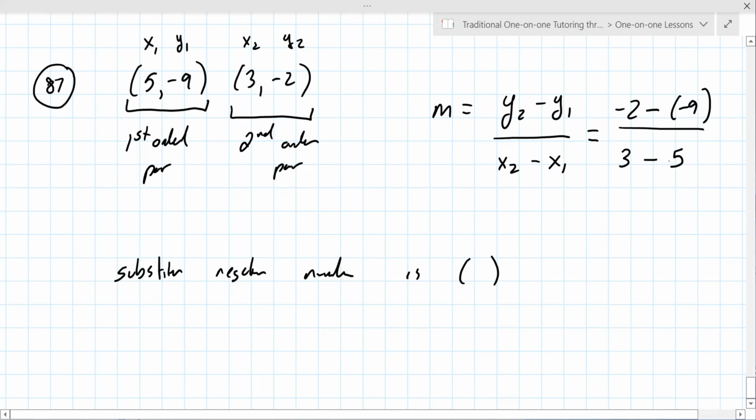Could you go ahead and simplify this for us? -11 over -2. Try again. Or 11 over -2. So I'm laughing because you've done that a few times today. I mean, it's good. You're just changing the sign here. It's -2 plus 9 in the numerator. Oh, okay. 7.